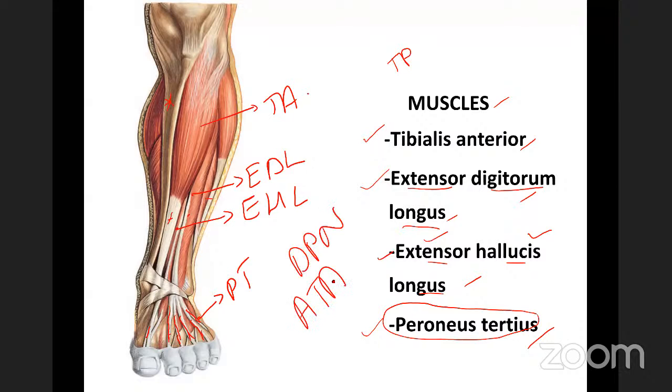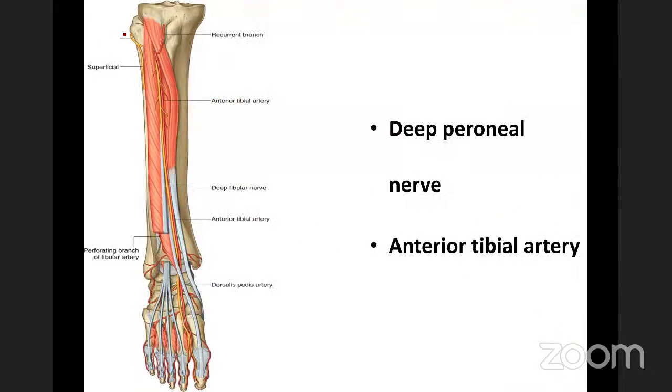Now let us see individual muscles. Before that, the nerve supply of the anterior compartment is the deep peroneal nerve. You can see here the nerve, which is winding. This bone is the fibula and this is the tibia. So the nerve which winds around the lateral aspect of the neck of the fibula is the common peroneal nerve. As you can see, it is dividing into 2 nerves.